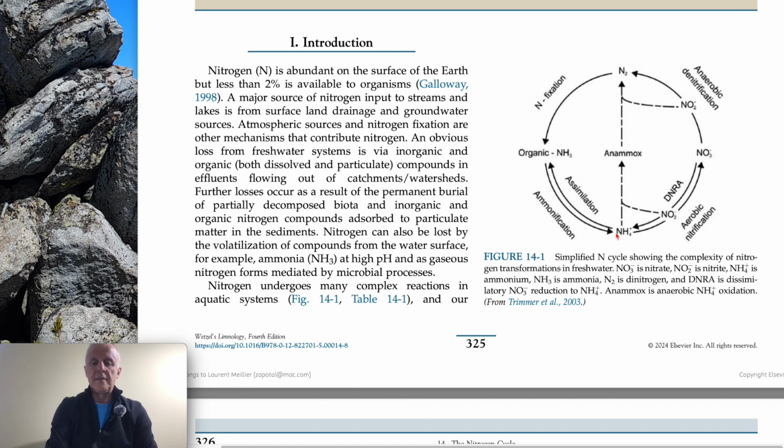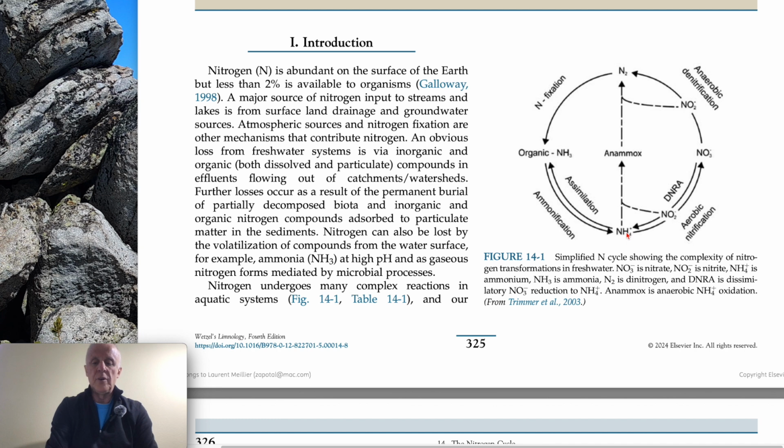Ammonium can result in anamox, which is anaerobic ammonium oxidation. So this is an anaerobic process without oxygen. Or ammonium can undergo aerobic nitrification, which results in nitrate. Or nitrate can go into DNRA, which results in ammonium.